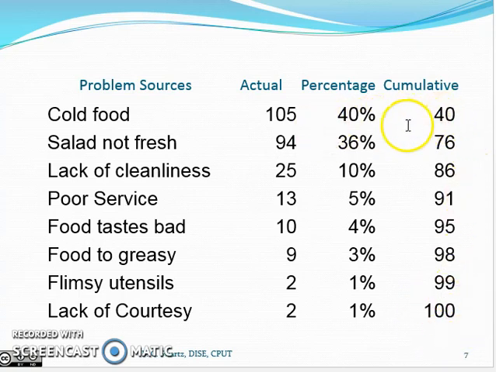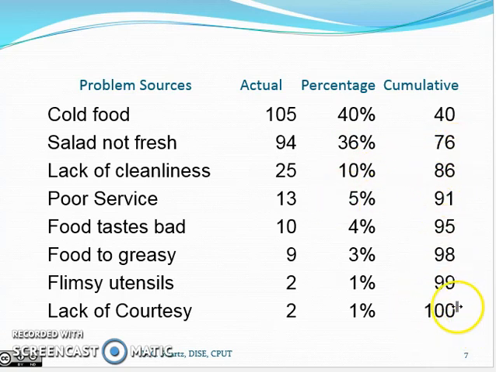So to work the cumulative percentage out, we'd say the 40%, and I add the 36% of the next one to give me 76%. The cumulative percentage of the first three would be the 40% plus 36% plus an additional 10%. Cumulative percentage of the first four would be the 40 plus the 36 plus the 10 plus the 5, until you get to 100.